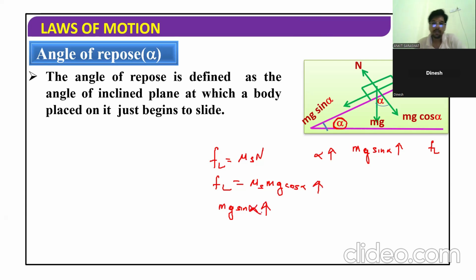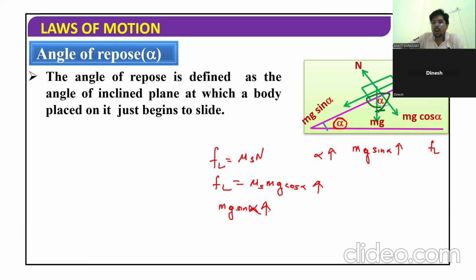Then this angle is also alpha now? This angle is not the angle of friction.